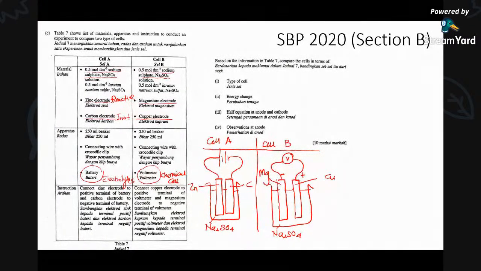Okay, now they ask you the type of cell. So you can actually use table to answer this question. Okay, you need to indicate the type of cell, energy change, half equation, observation. So you can actually draw table. So you can put in cell.